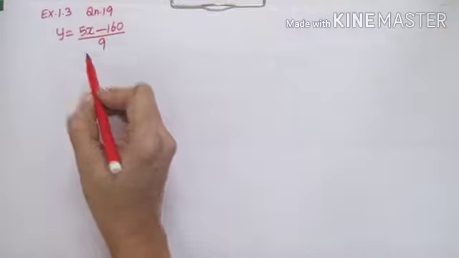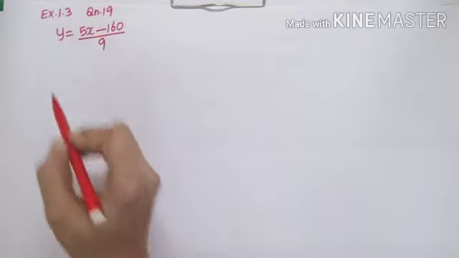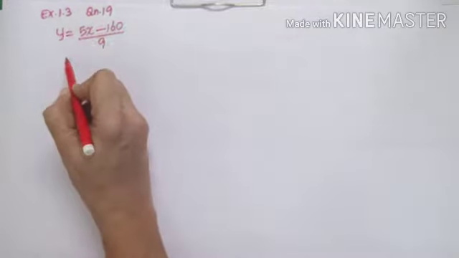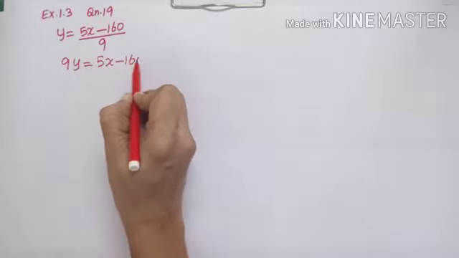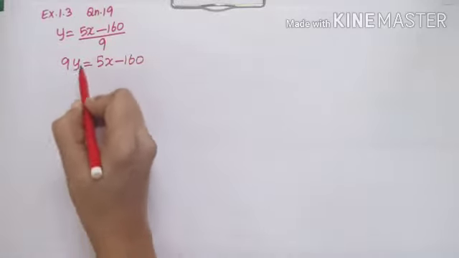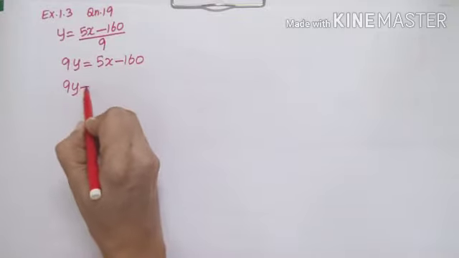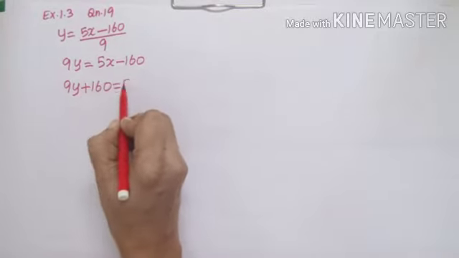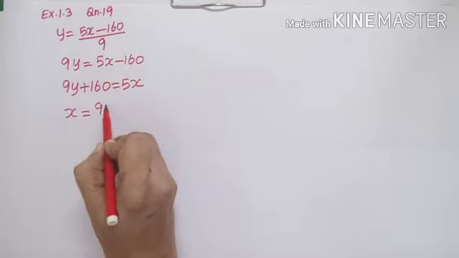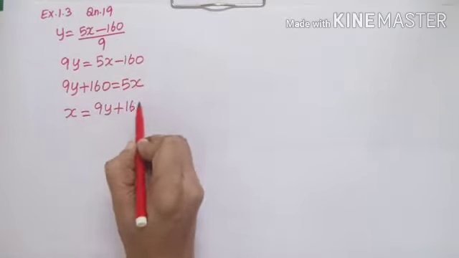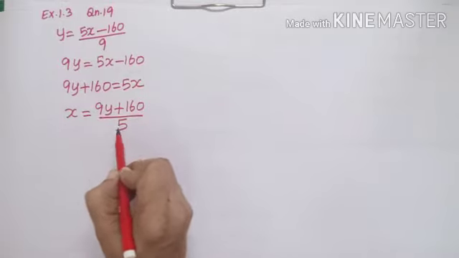First of all, from here, find out what is x. So cross multiplying, 9y equals 5x minus 160, or bringing 160 to the other side, 9y plus 160 equal to 5x. Bringing 5 down, x is equal to (9y plus 160) by 5.